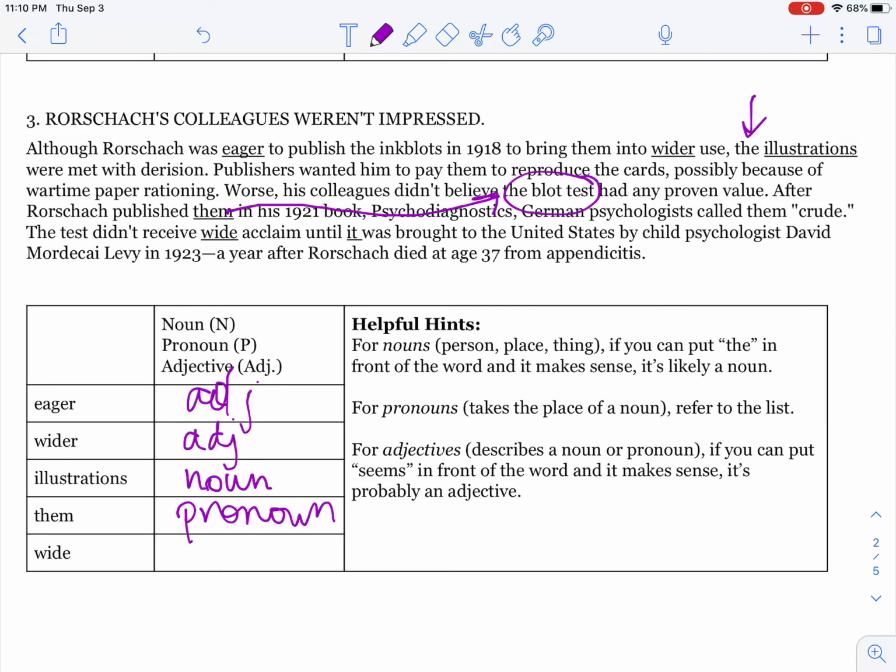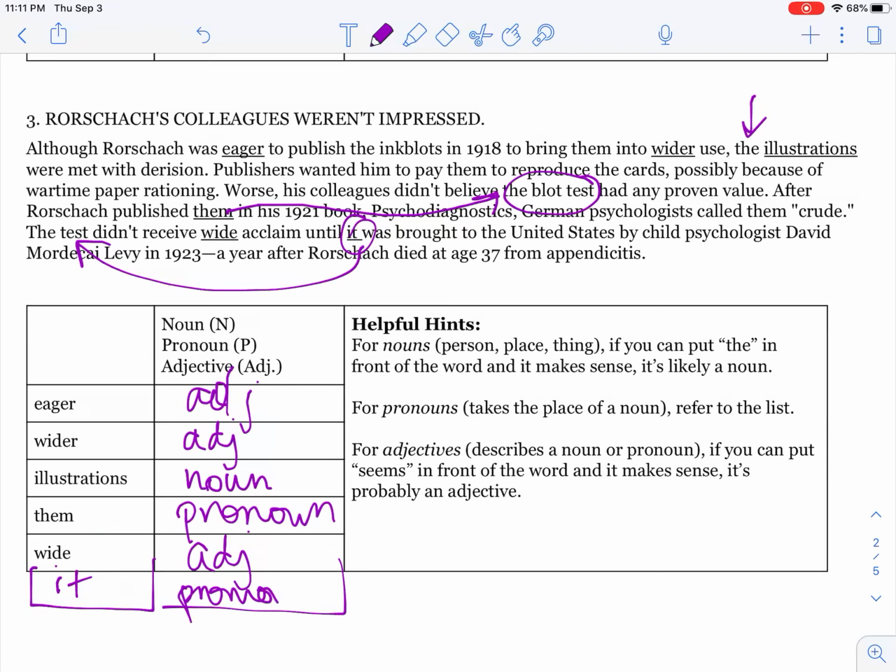Is it the wide? Is it taking the place of a noun? Or is it seems wide? It's seems wide. And I forgot to put an extra one on there for that, but it is taking the place of a noun. It is talking about tests. So it's almost as if the sentence is saying the test didn't receive wide acclaim until the test was brought to the United States. So this is a pronoun.